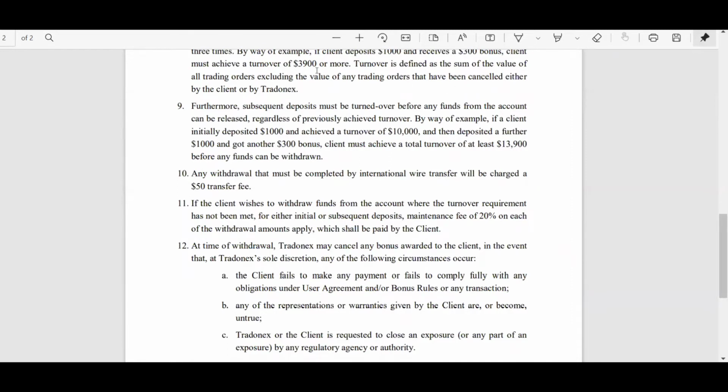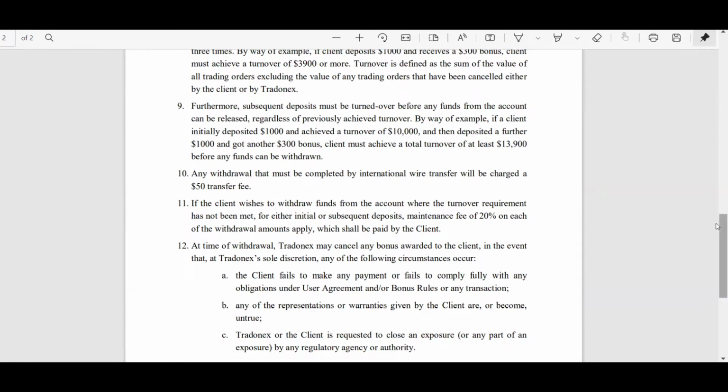And for example, you were able to grow your account to $1,500, but your turnover is showing you have less than 3,900 and you want to withdraw $100, while the maintenance fee is 20%.